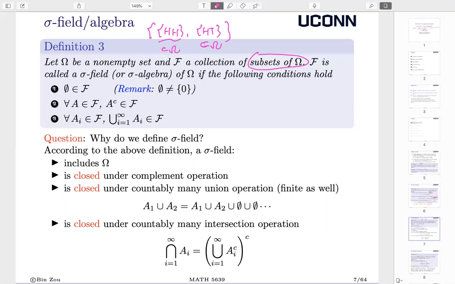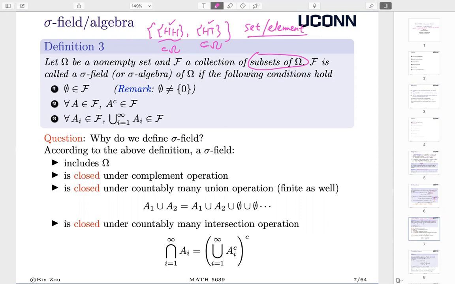I may collect some sets or some collections of elements, because this is an element in omega, and this is also an element in omega, and I put it in set notation. Which means I treat them as a set instead of an element. That is a delicate difference.